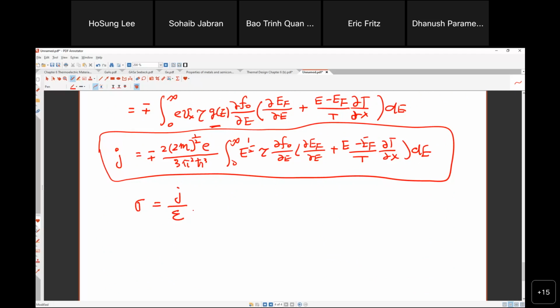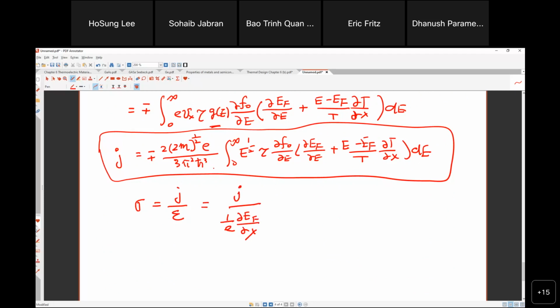So that is J over the electric field, 1 over e, with the Fermi energy gradient.